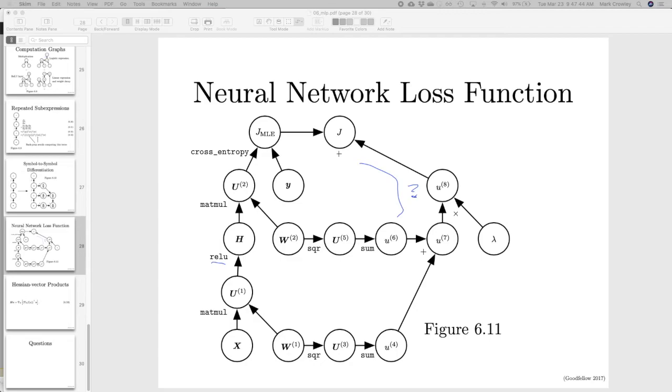Oh, weight loss decay. Okay. So they have some kind of decaying weight loss. Okay, so this actually relates to the next topic.